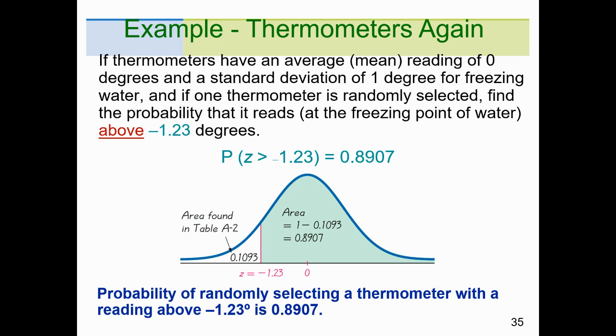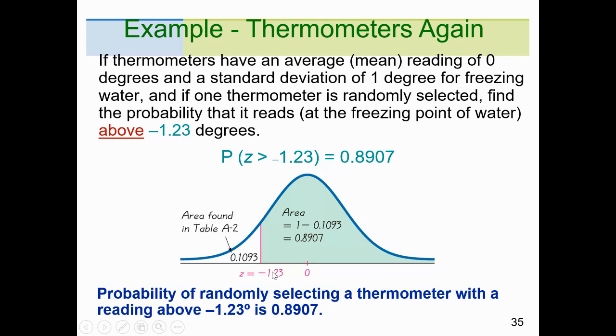As you would imagine, sometimes we need to go to the right. Here's a case where we're looking for the probability of the thermometer reading greater than z equals negative 1.23. Here's my 0. Here's negative 1.23. It's to the left because it's a negative number. I'm looking for the area to the right, greater than this.